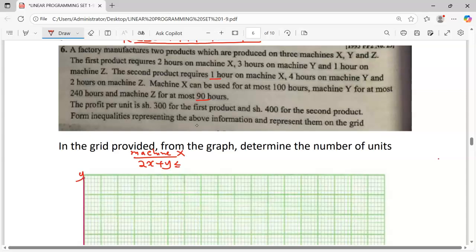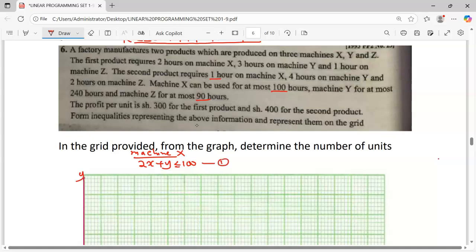We have been told machine X can be used for at most 100 hours. At most means 100 and below. That means it's less or equal to 100, and that becomes the first inequality.